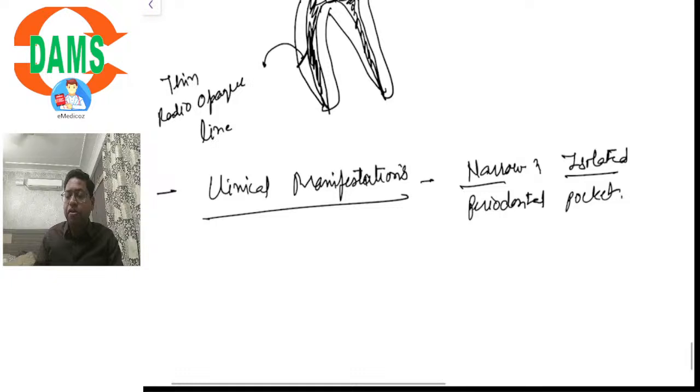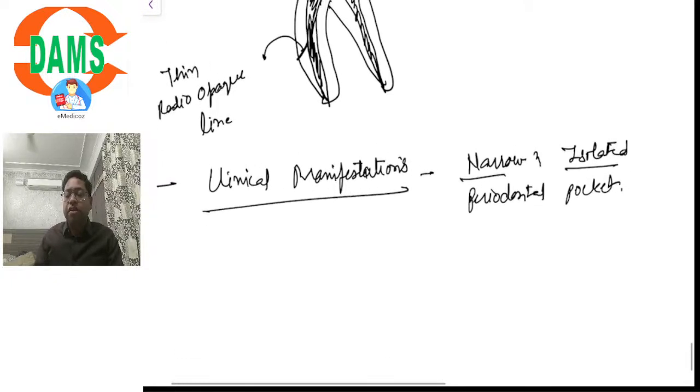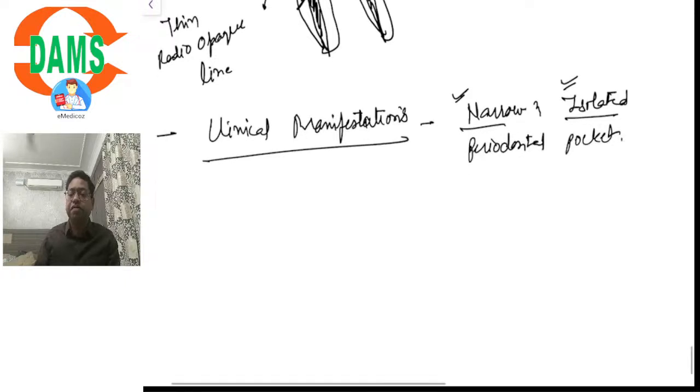We know that periodontal pockets mostly develop whenever there is periodontitis, inflammation of the periodontium, and it usually involves multiple teeth in a patient with periodontitis. But on the contrary, we are examining a patient and one particular tooth is showing a narrow pocket. Narrow means very constricted, and isolated means not related to the general periodontal condition. Such a periodontal pocket gives rise to the suspicion of VRF.